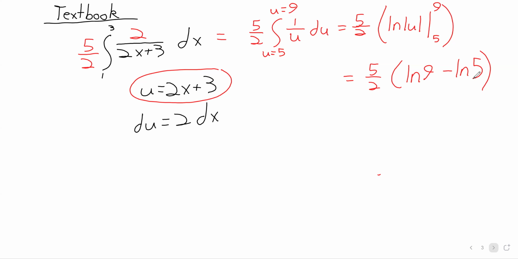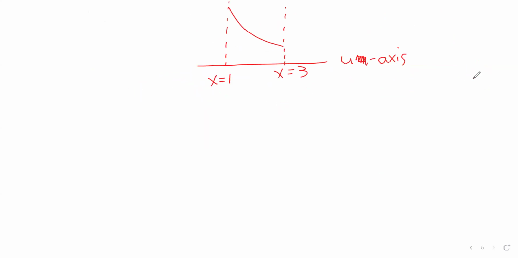So the next piece of material, it's the same textbook section. Very related. It's talking about area. Area between curves.